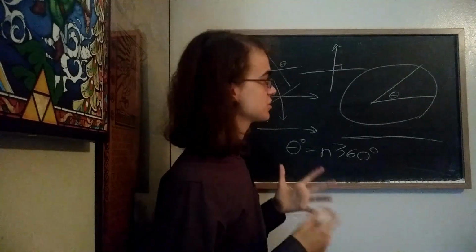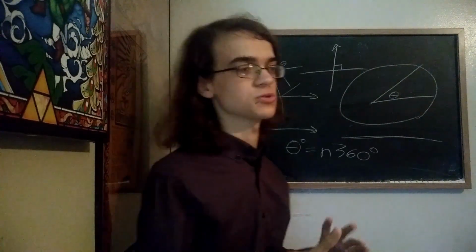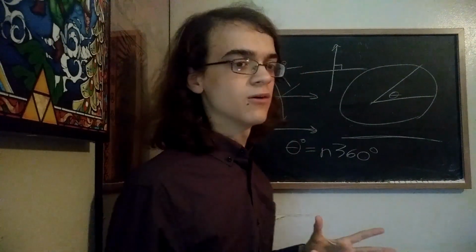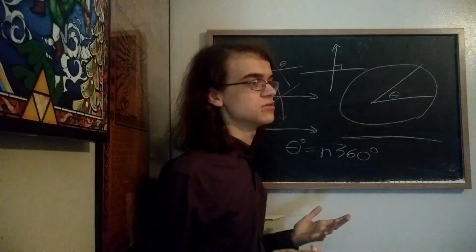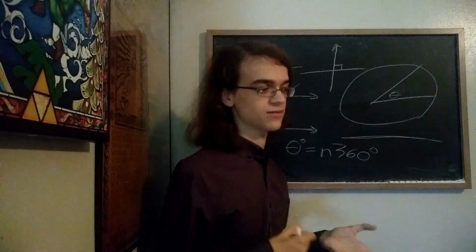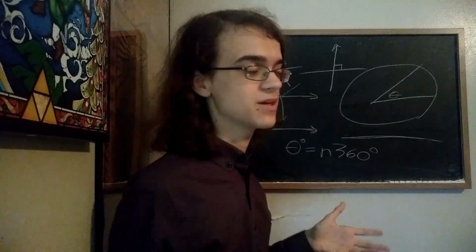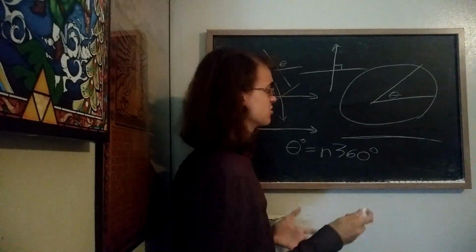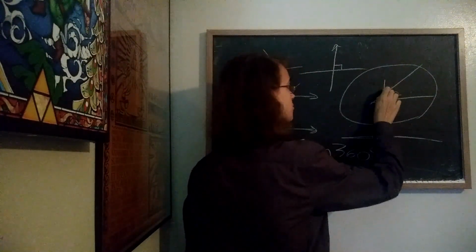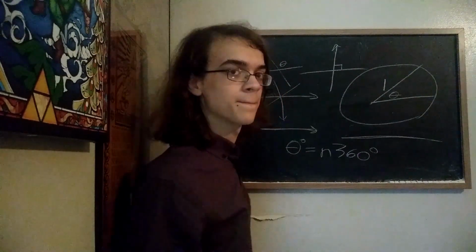So the question arises, what circle should we use as our basis then? Well, a quite natural choice might be the unit circle. We use the unit circle to define our sine and cosine functions, and so maybe it should also be used to define our angles. The unit circle is simply a circle with a radius of 1.